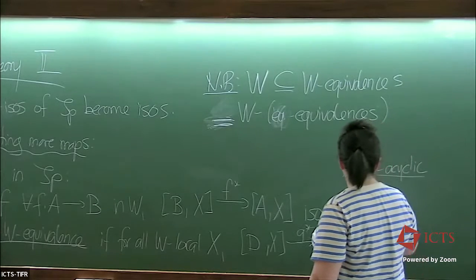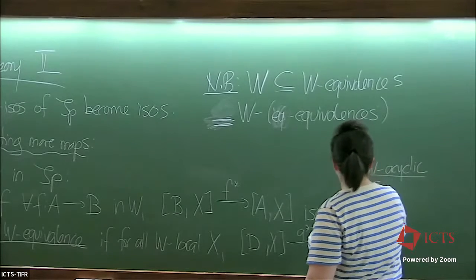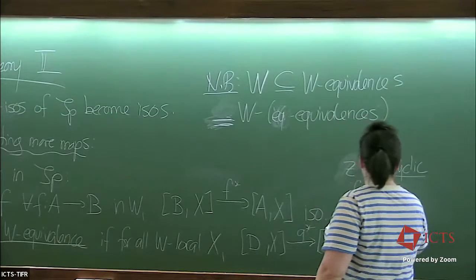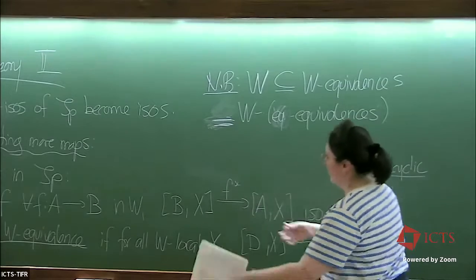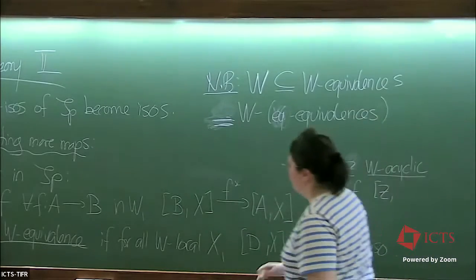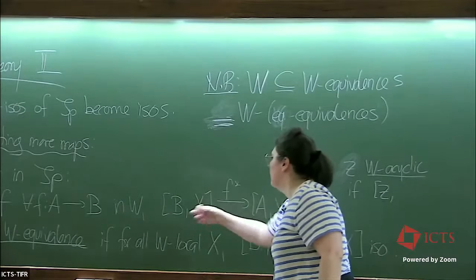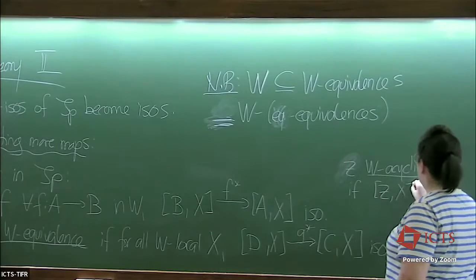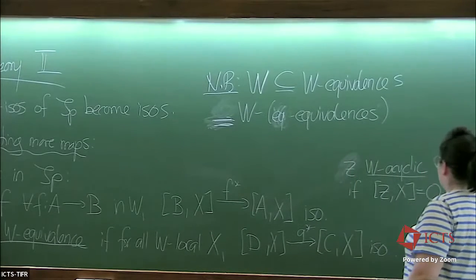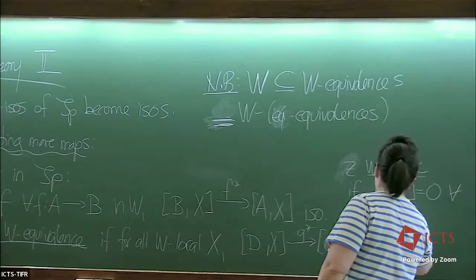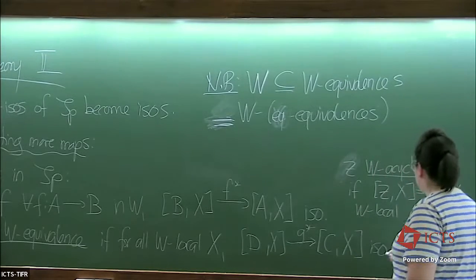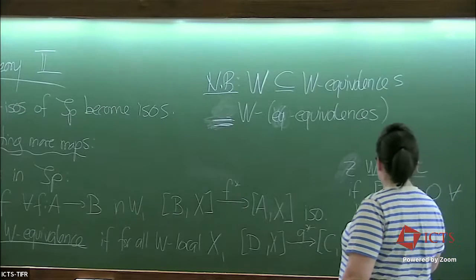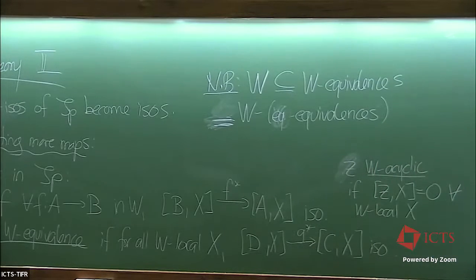If X is a bad name, it's exactly the other thing that you would put in the exact triangle. So W acyclic is all the things that the locals consider to be invisible, just because I might mention that and then I haven't really said what that is.